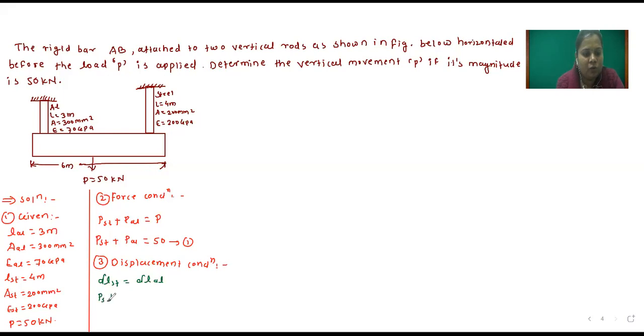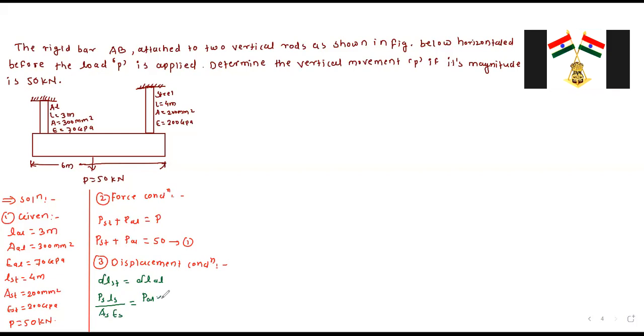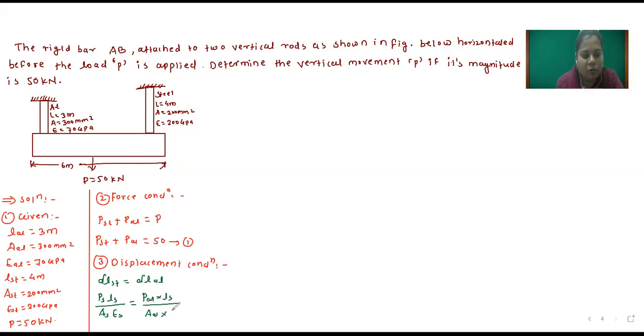P steel into L steel divided by area of steel into Young's modulus of steel is equal to P aluminum into L aluminum divided by area of aluminum into Young's modulus of aluminum.